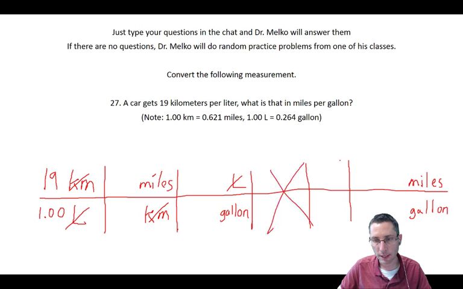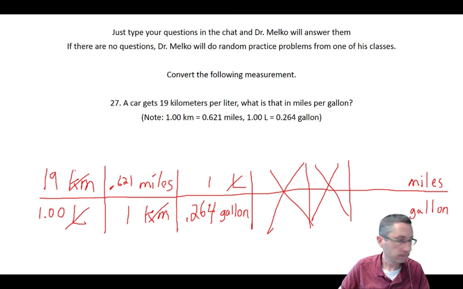You're not going to need anything out here in this case because you can take care of all the units here. And so then you just go through and put the 0.621 miles per kilometer, the 0.264 gallons per 1 liter, and again multiply across the top, divide by the bottom, and you'll get the same answer here.